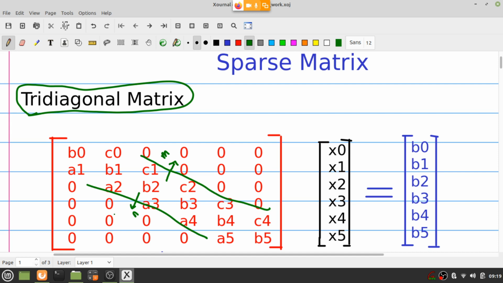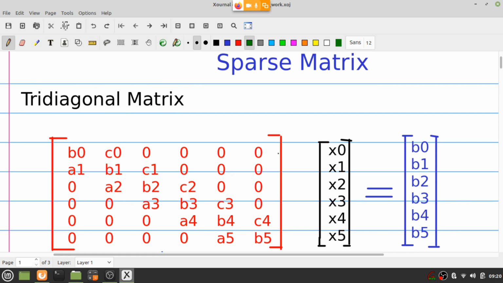How we are going to store such matrices is at times tricky and challenging. Today we will see a simple sparse matrix, a simple tridiagonal matrix, and we will see how to solve it without storing the zeros.